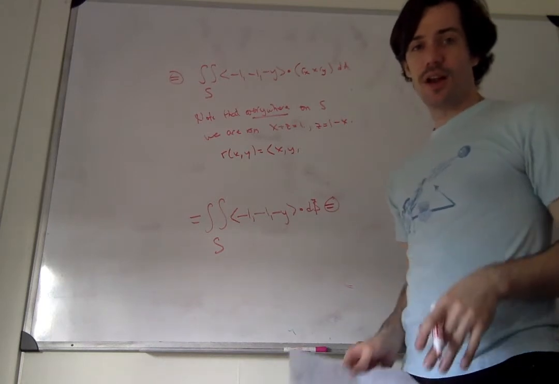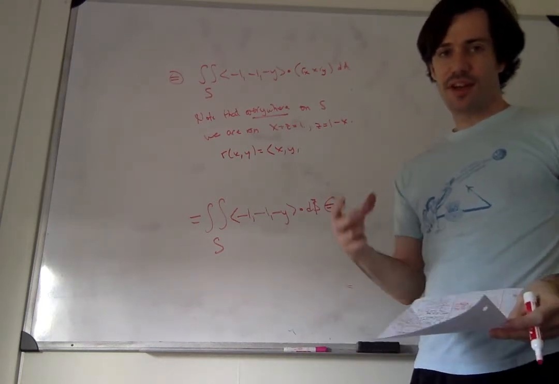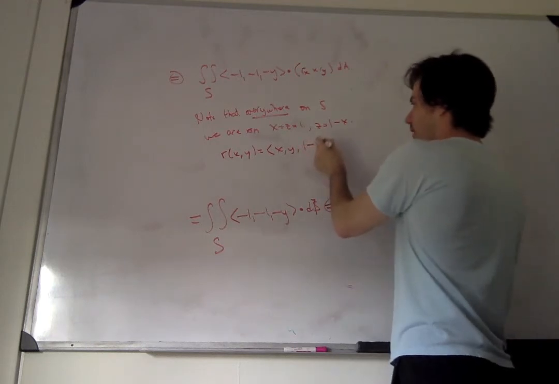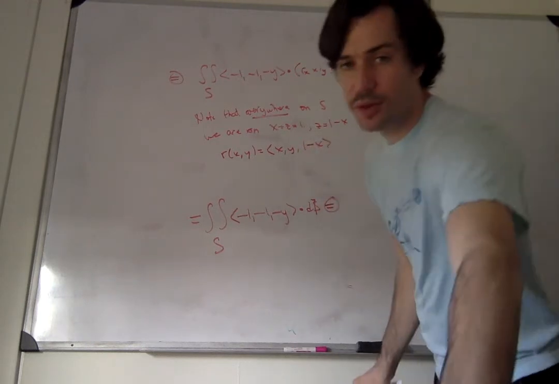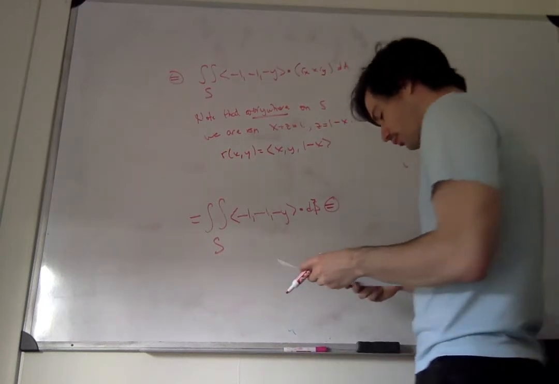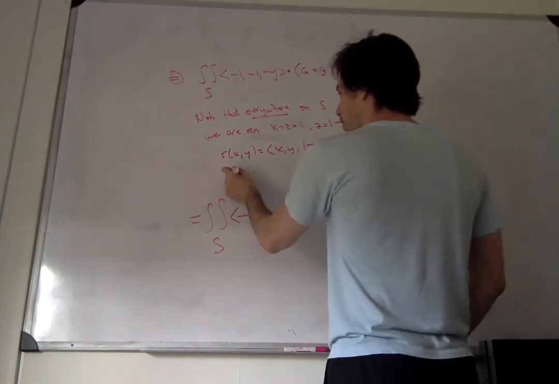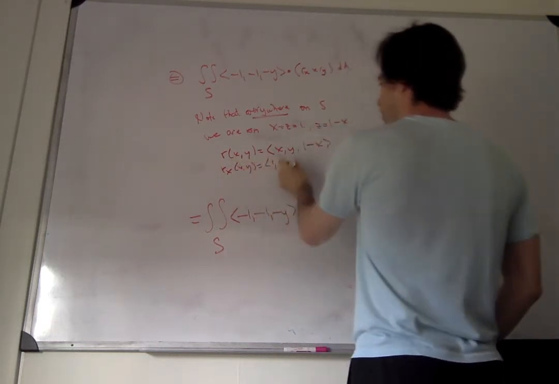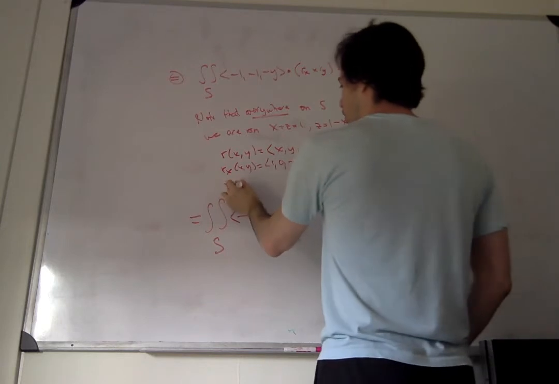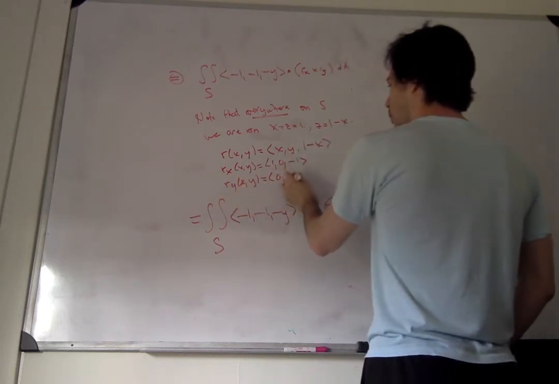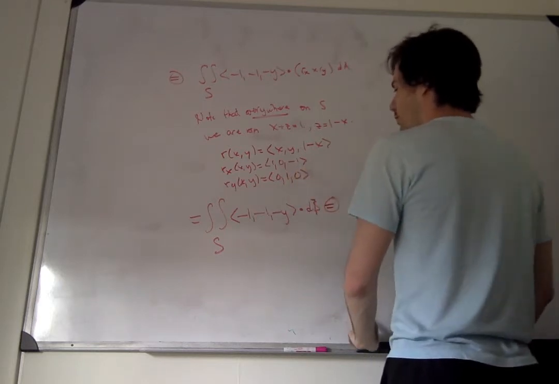Well, y is whatever we need it to be to keep inside that ellipsoid, but the really cool thing is that z is 1 minus x, okay? Forget about the ellipsoid for a second. You're still on the plane, so that is still true. But if that's true, then r_x(x,y) is going to equal 1, 0, minus 1, and r_y(x,y) is going to equal 0, 1, 0.